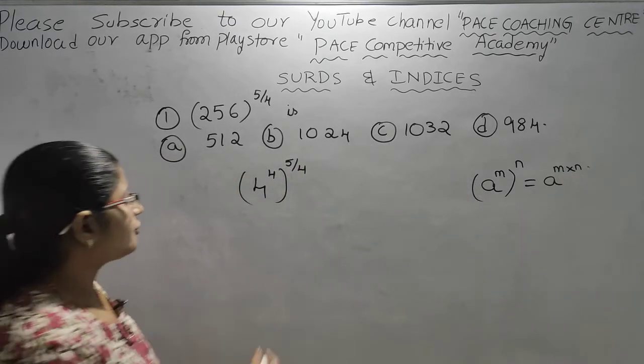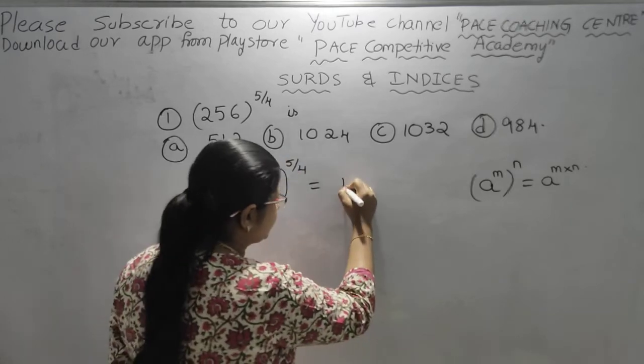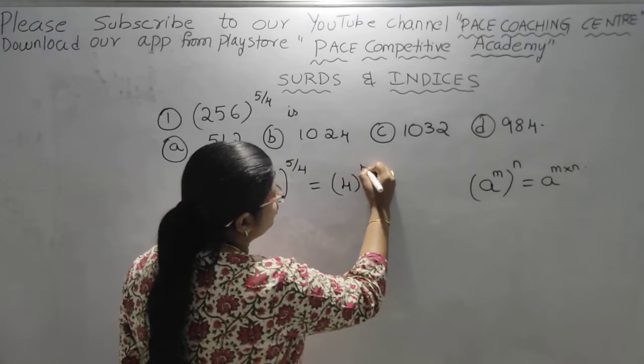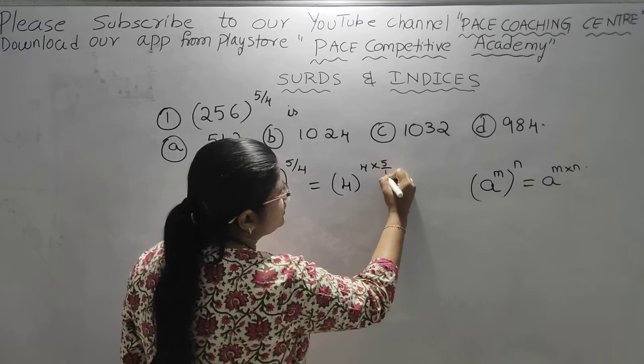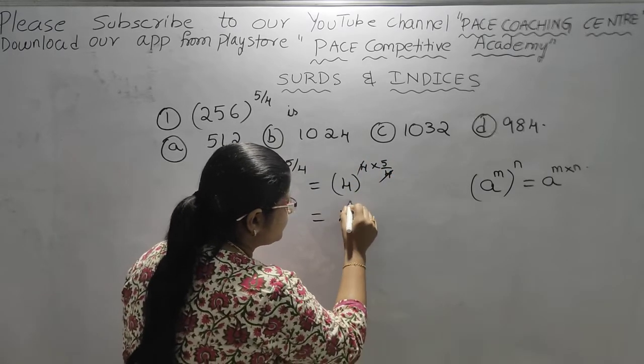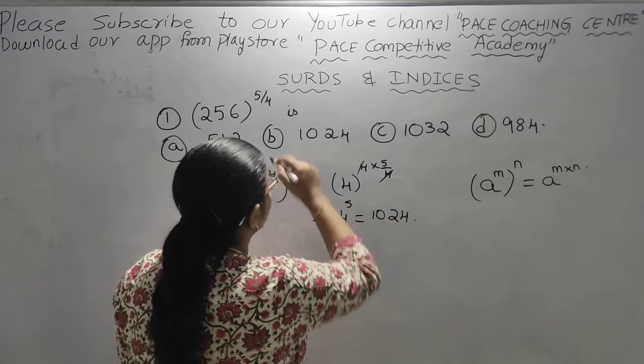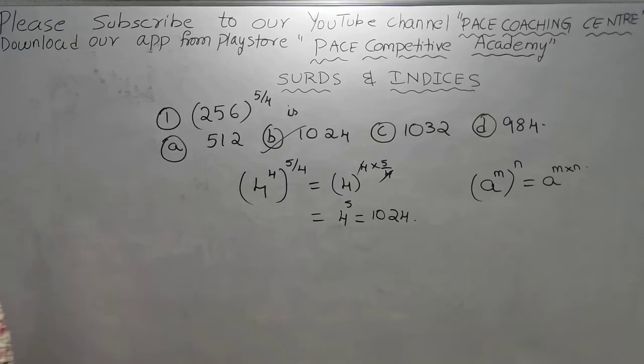The same thing I am going to apply here. 4 power 4 whole power 5 by 4 can be written as 4 power 4 into 5 by 4. So now 4 gets cancelled and we will be left with 4 power 5, which is nothing but 1024. So option B is the right answer.